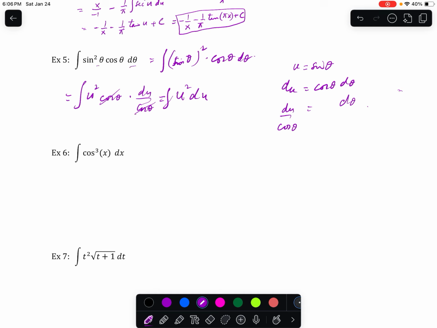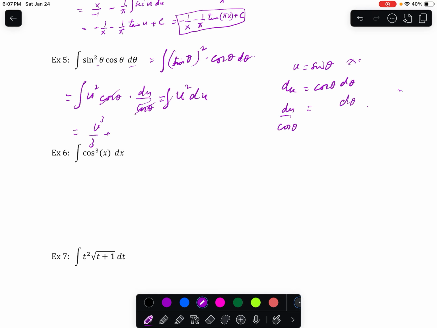So you could have used x, where x is equal to sine theta, and do the rest of the problem. But be careful about these variables. Okay. So now what is the integral? It will be u to the third over 3 plus c.